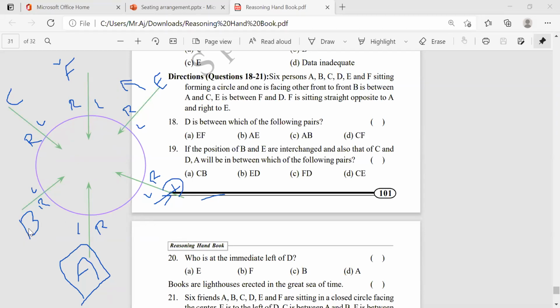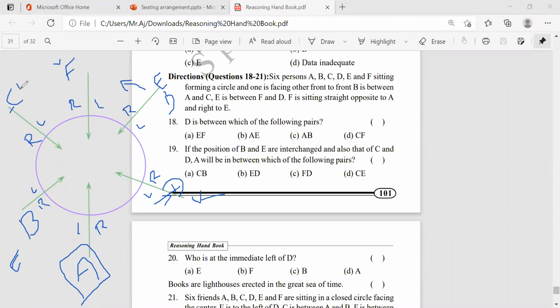Here it is B and it is E. If interchanged, then it becomes E and it becomes B. And also C and D: C is here and D is here, so they are also interchanged.